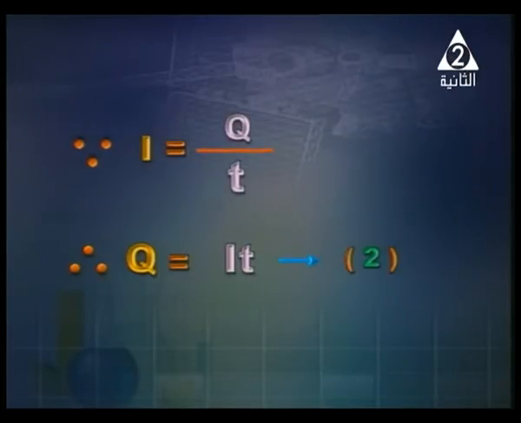From 1 and 2 we can say electric energy is equal to VIT. So we managed to prove this. Electric energy consumed by a device is determined from the equation VIT, V potential difference, I current intensity, T the time.